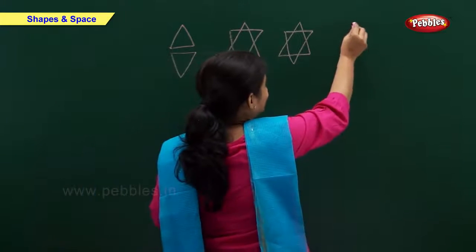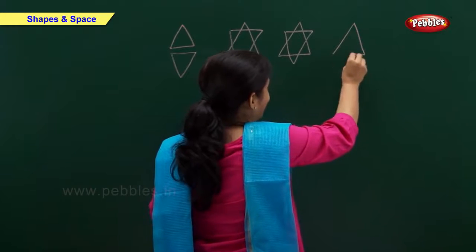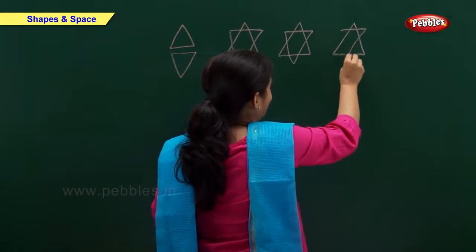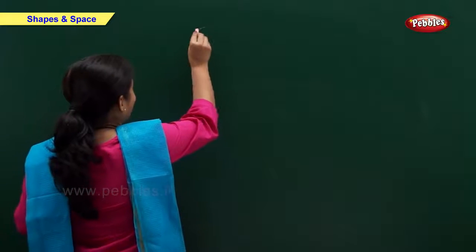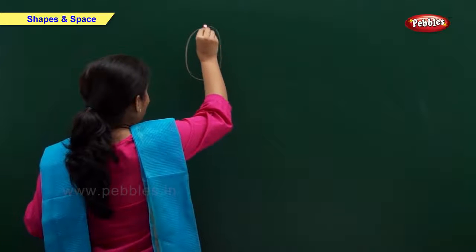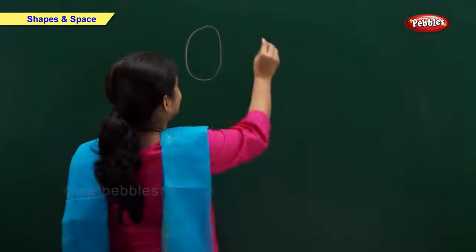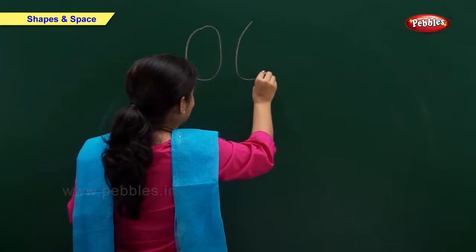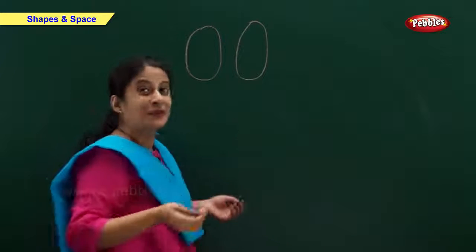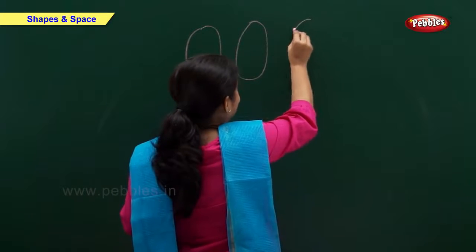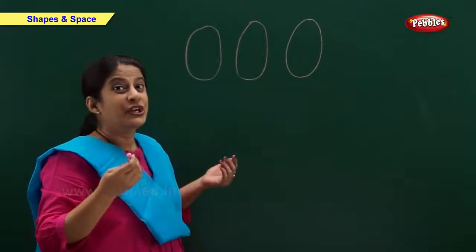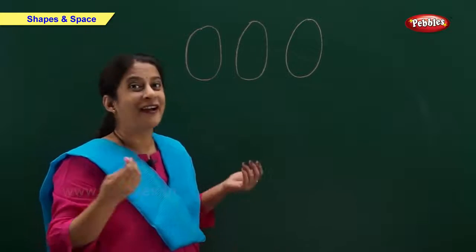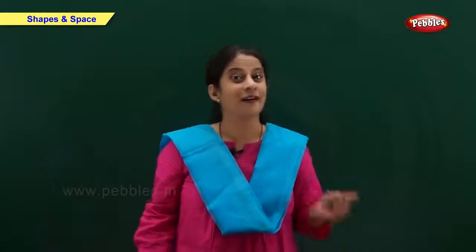Now let's draw an oval. Oval. Shape of an egg is like an oval. Now let us draw a semicircle.